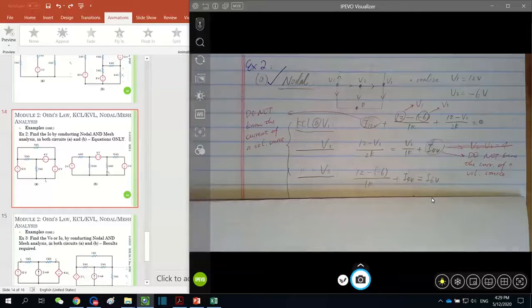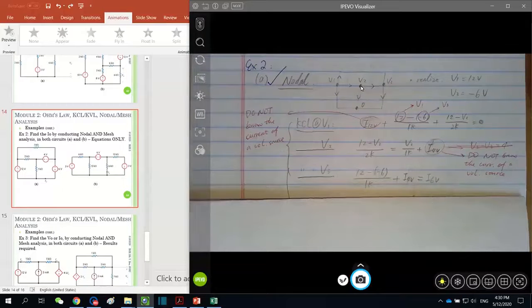Three nodal equations. If you count, you have three equations, no problem. However, how many unknowns? We have V2, I 12 volts, I 4 volts, and I 6 volts. So four unknowns and three equations, which is not sufficient. We have to somehow figure out one more equation. What equation can we figure out?